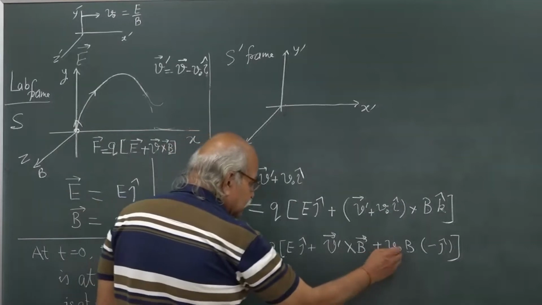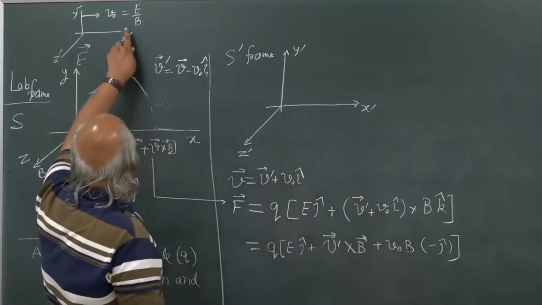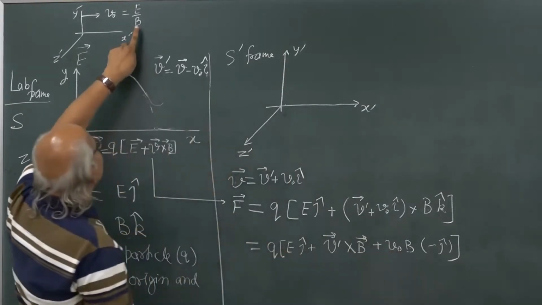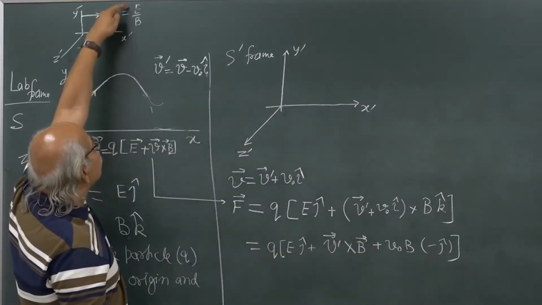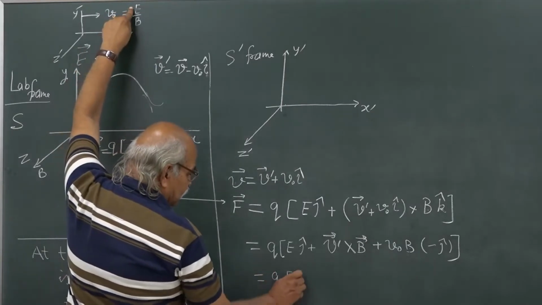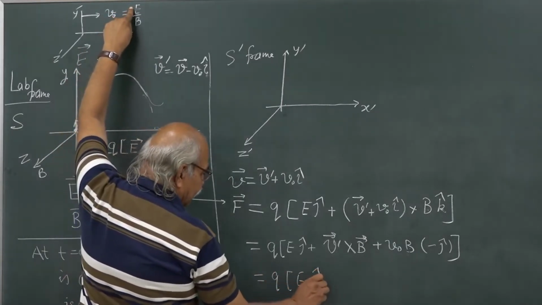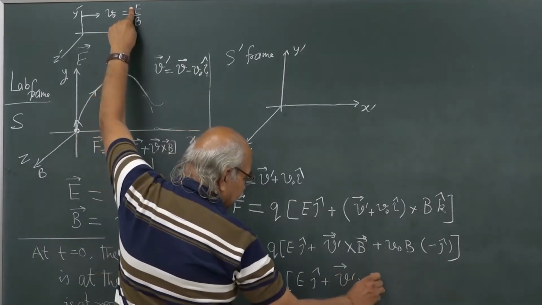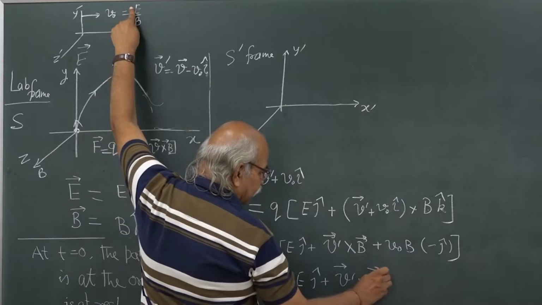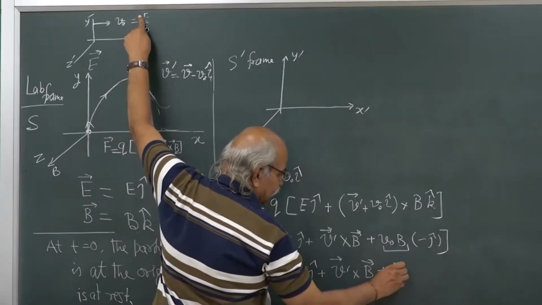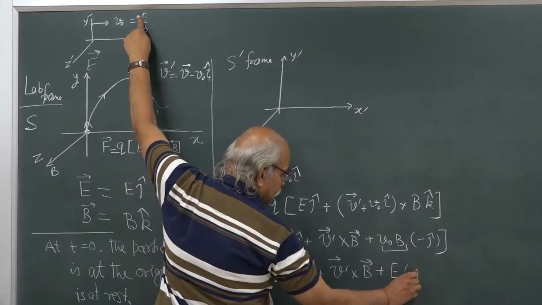Remember, V naught is E by B. So V naught times B is just this capital E. And so this becomes Q times E j cap plus V prime cross B, and then plus this quantity, which is E, and then minus j cap.